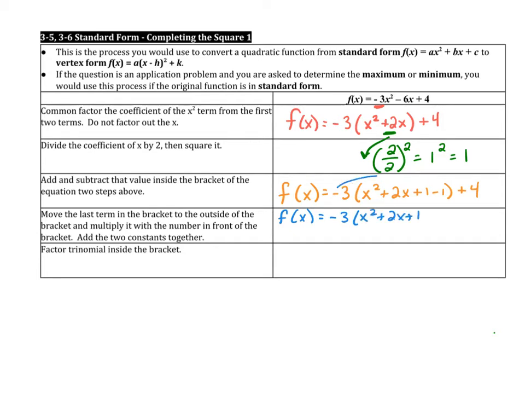So the -3 gets multiplied with the -1, and it gets moved to the outside of the brackets. So -3 times -1 is +3. And then you can add those two numbers together.